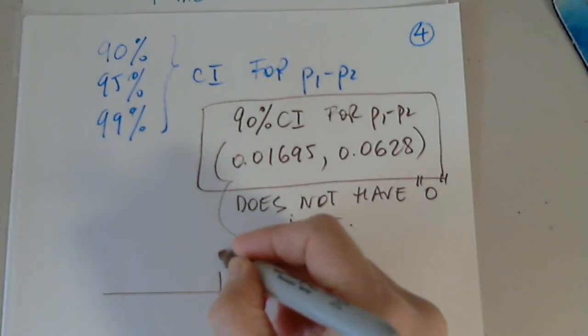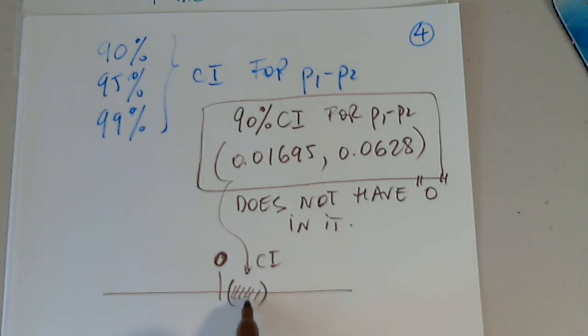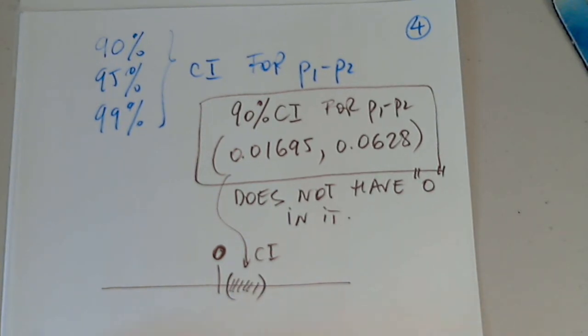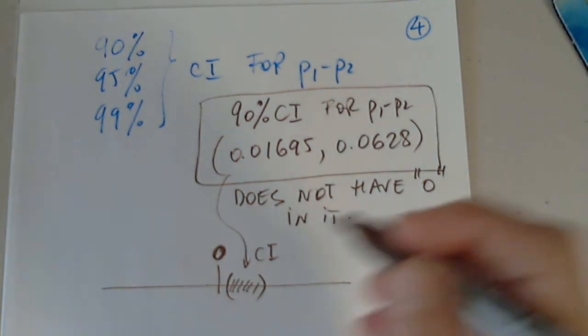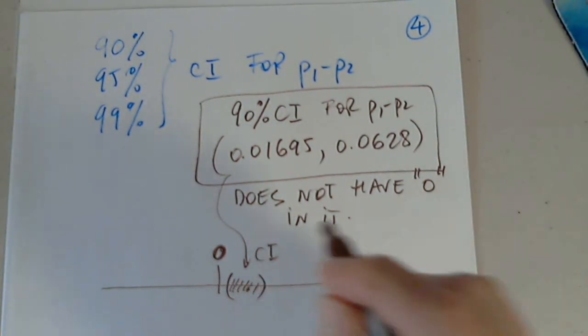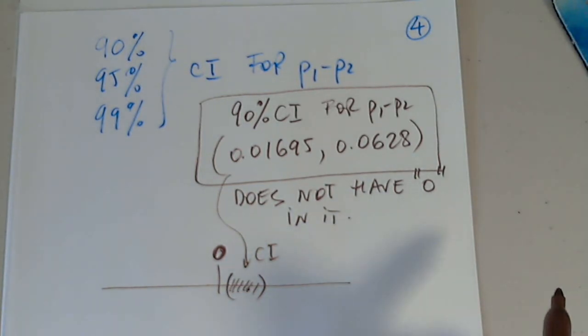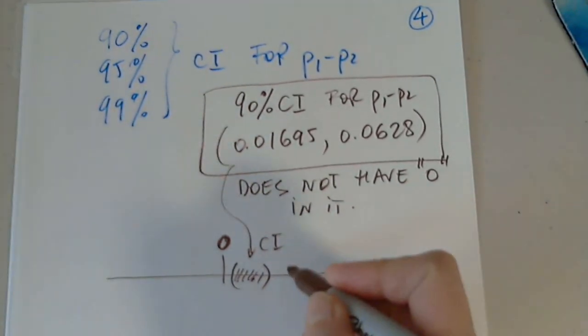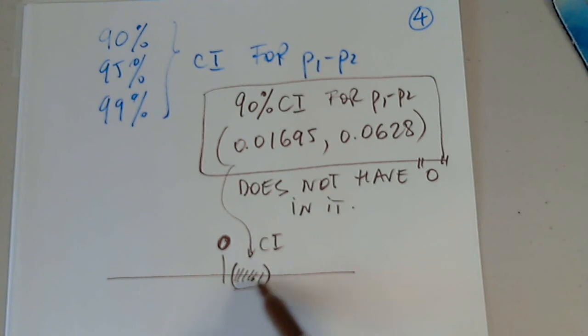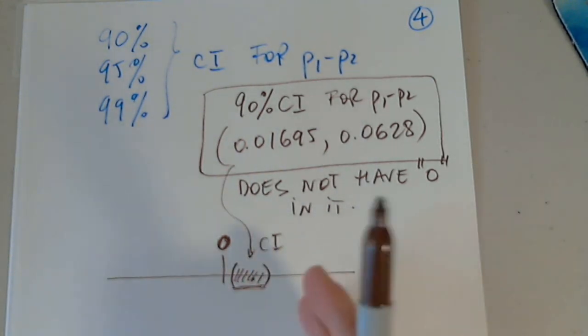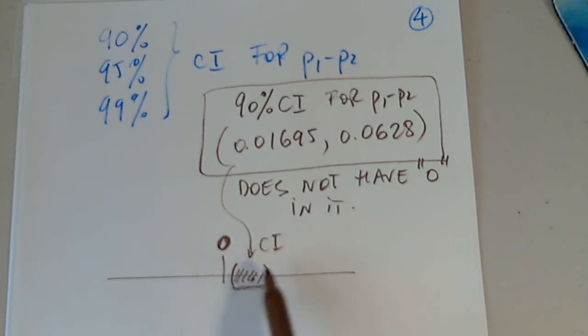As you see, 0 is not inside the interval. It's outside the interval. What's the difference? Well, here's a big difference. If 0 is inside the confidence interval, we cannot conclude that there is a difference between the two, that one is bigger than the other. We cannot. But this time, the confidence interval from this sample is consistently positive. It does not include negative values and positive values. In other words, it does not include 0.